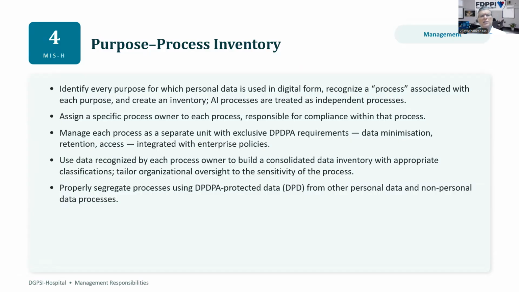Use data recognized by each process owner to build a consolidated data inventory with appropriate classifications. Tailor organizational oversight to the sensitivity of the purpose. That is, when we say that we need to create an inventory of data, that inventory of data is pulled from the inventory of each of the processes. And the central inventory will have its own specific ID and so on.